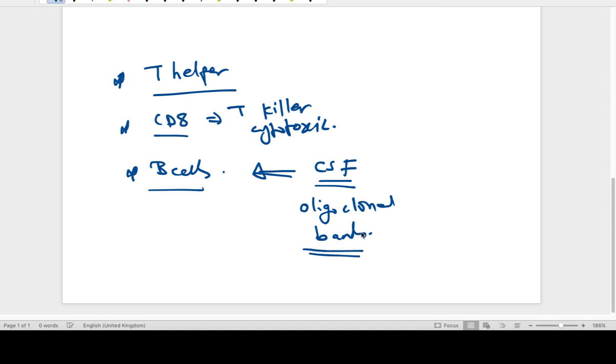We will talk about oligoclonal bands. إذن صحيح the main players are the T helper cells, but also T cytotoxic cells and B cells probably do play a role in the pathogenesis of multiple sclerosis.